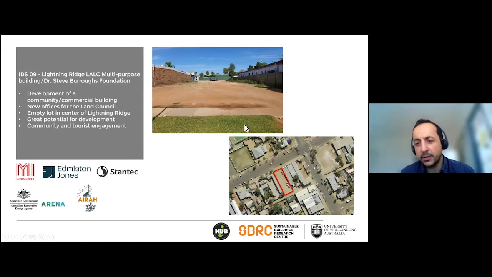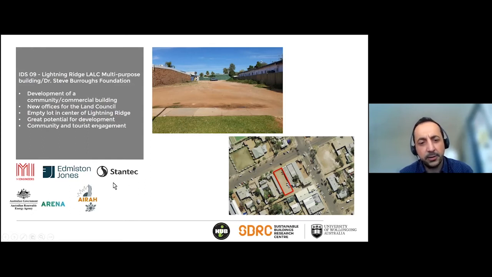And we received a very detailed brief from the client. He was asking for a community gathering space, a cafe, shops, and offices, as well as a restaurant. In fact, the brief was so detailed that the students struggled to meet all the requirements that the brief was asking for. So this was pretty good.